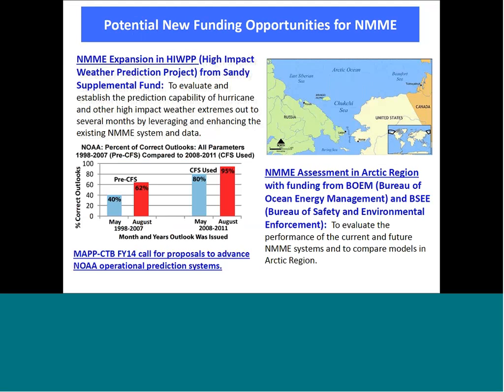The good news is there are some new funding opportunities from the Sandy Supplemental, potentially from the Arctic program, and also the CTB call. It's not specific, but there are some opportunities here.